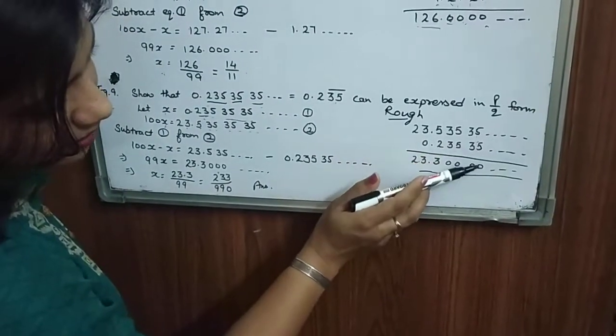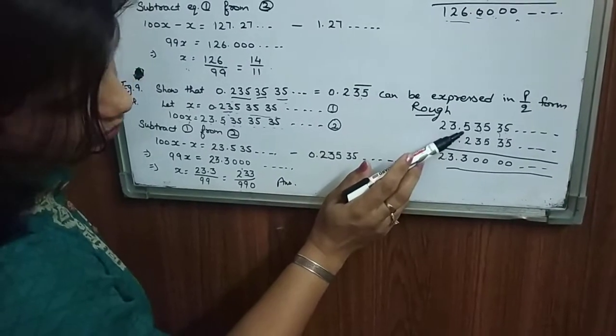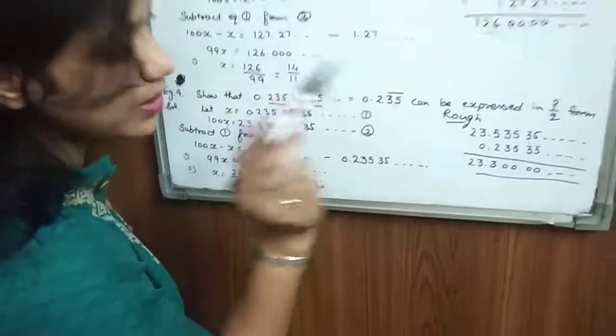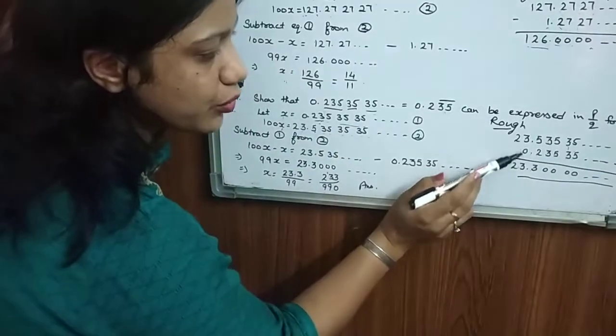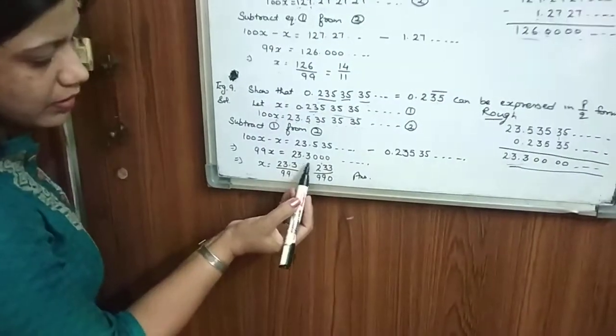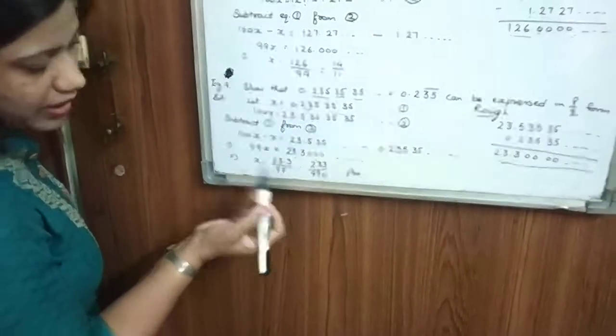When you subtract, this is 0, this is 0, this is 0, this is 0. But we got here 5 minus 2 as 3. After the decimal, one digit is left, and it's 23. So we got 23.3, so we will write 23.3 upon 99.